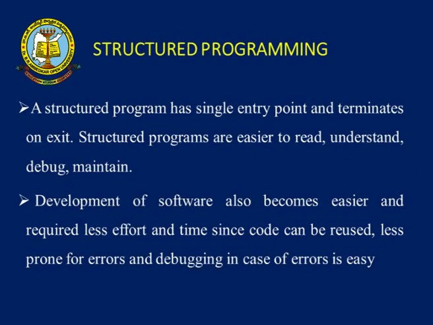A structured program has a single entry point, as we discussed in algorithms, and terminates at a single exit point. Structured programs are very comfortable and easier to read and understand, and if any errors occur, they are easy to debug and easy to maintain also.